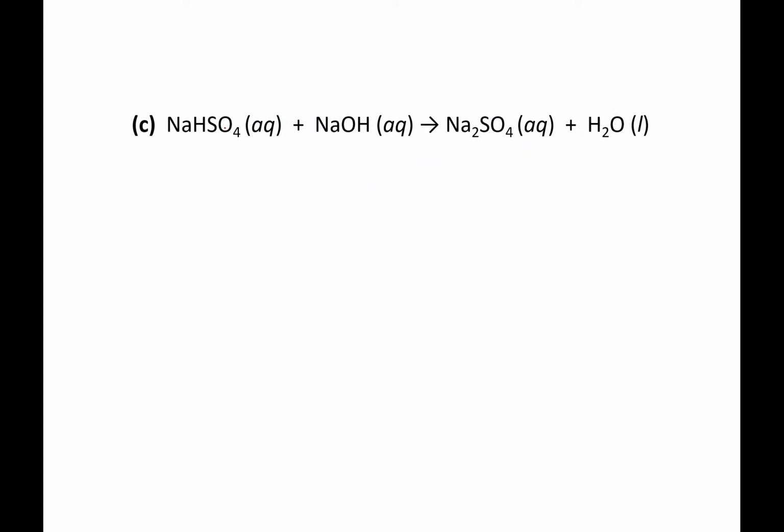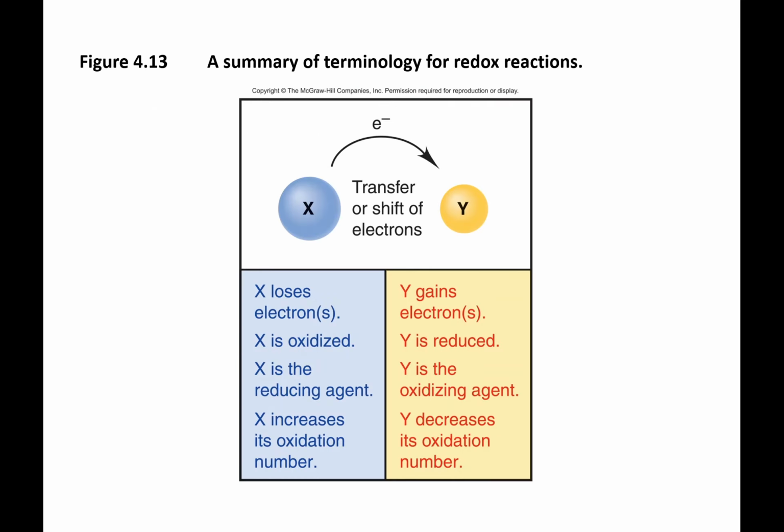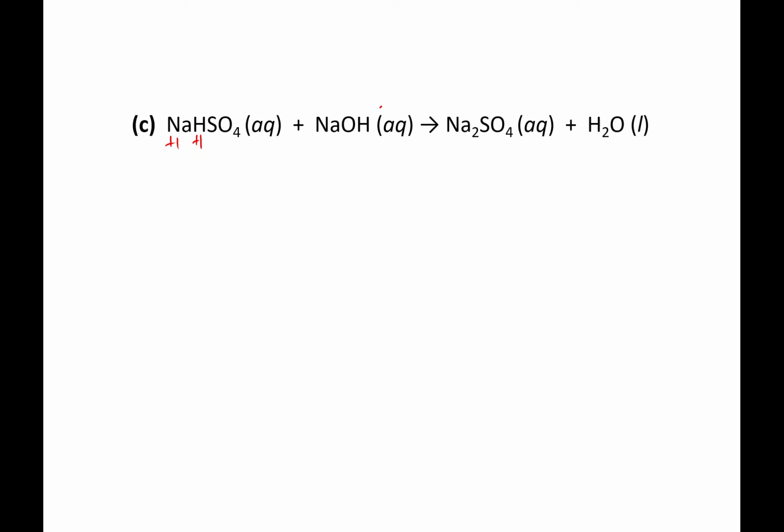Okay, the final reaction. When we're assigning these numbers, sodium will be a +1 in a compound, hydrogen's a +1, oxygens are -2. That means sulfur has to be a +6. Sodium in NaOH is +1, oxygen's -2, hydrogen's +1.